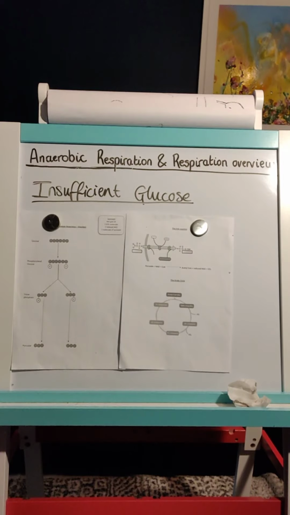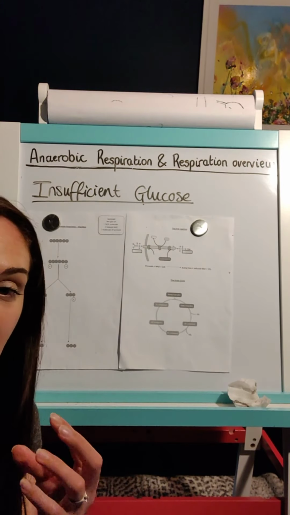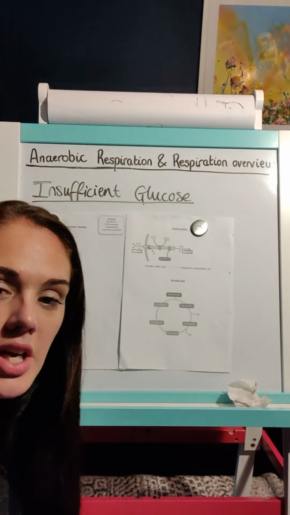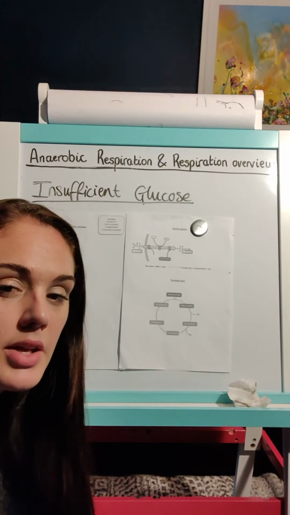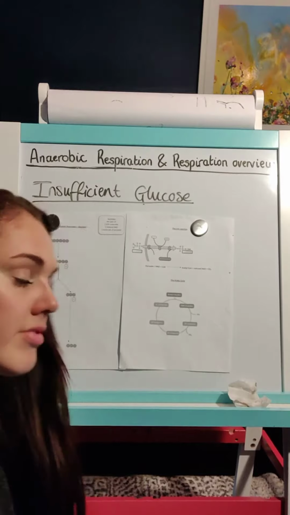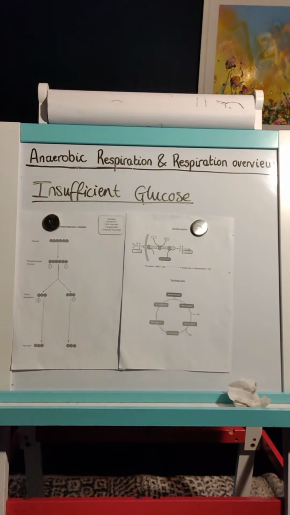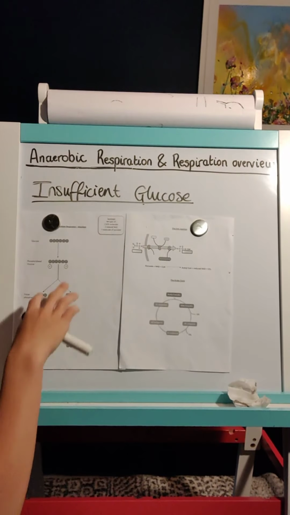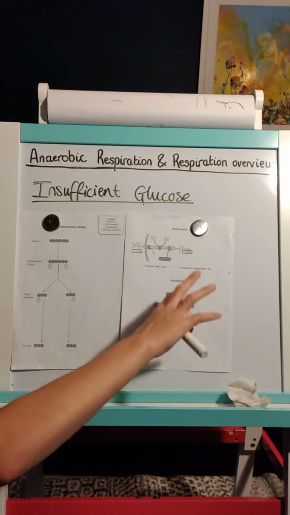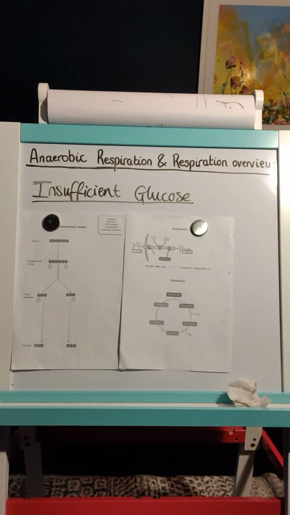But glyceraldehyde 3-phosphate is similar-ish in structure to glycerol. So glycerol, from the breakdown of lipids, can be converted into glyceraldehyde 3-phosphate, which is this one. So then breakdown of fats can lead to the reaction and the metabolic pathway occurring from that point.